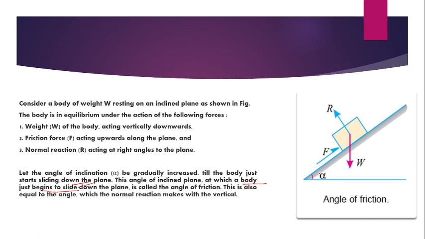That limiting condition of the angle of the inclined surface is known as the angle of friction. Alpha becomes phi in that case, where phi is the angle of friction.